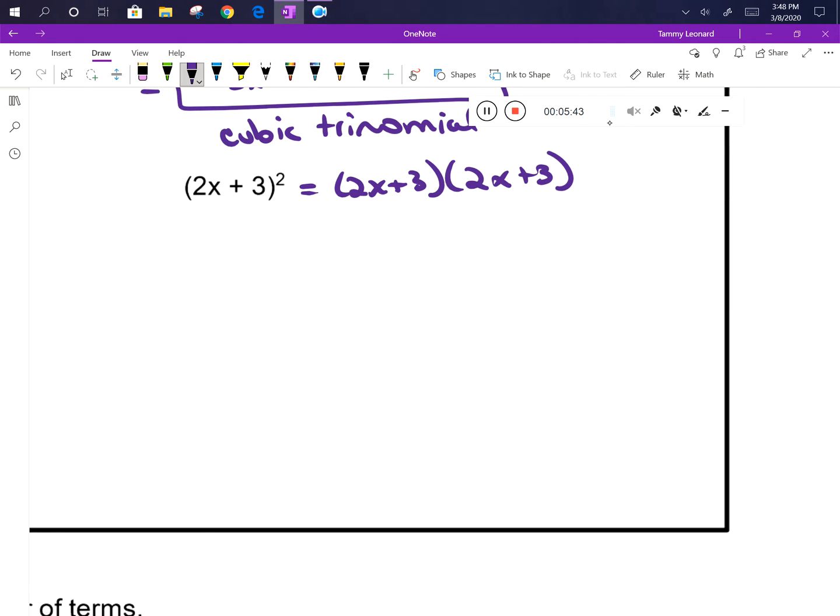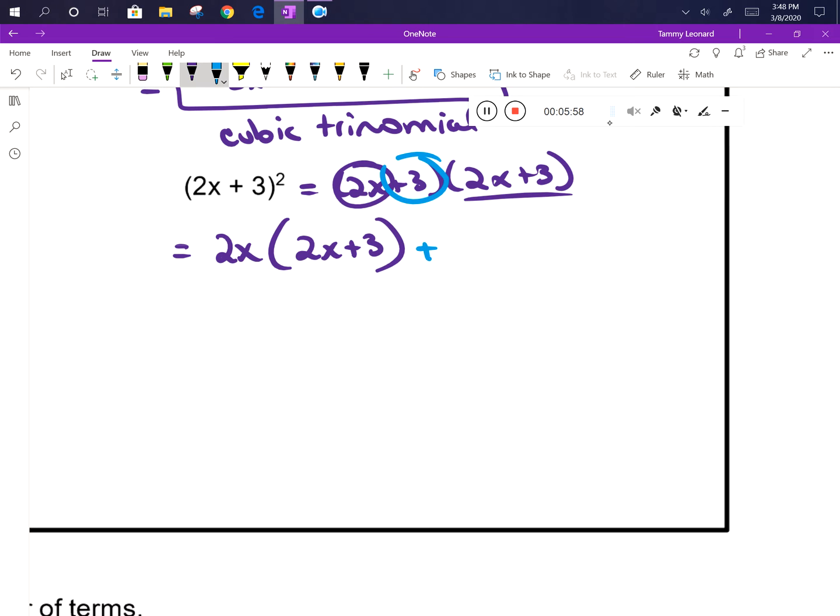So that means first we're going to have to take the 2x from the first binomial and multiply it by the whole second binomial. We're going to have to distribute it through. Then we need to take the positive 3 and distribute it through the second binomial as well. So we've got 2 distributions to do. Notice I was really deliberate and I wrote that plus in front of the 3 because this is an addition problem. I can't lose that sign.